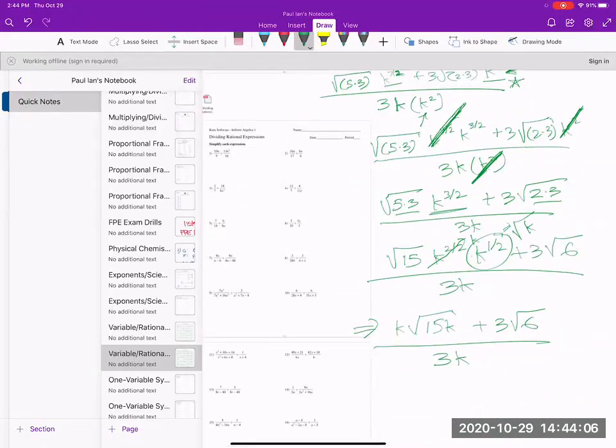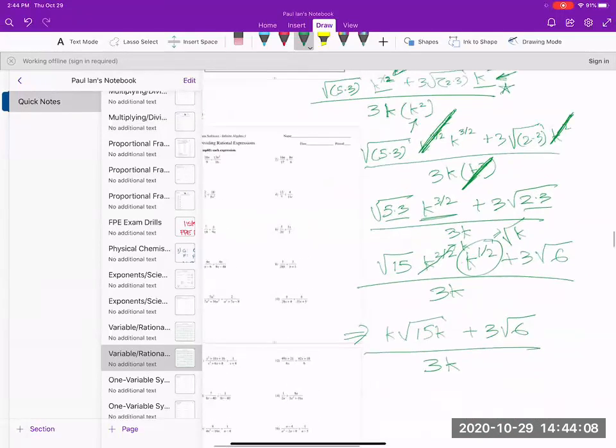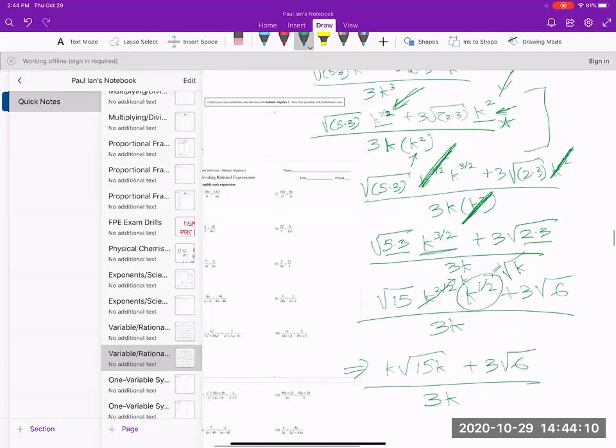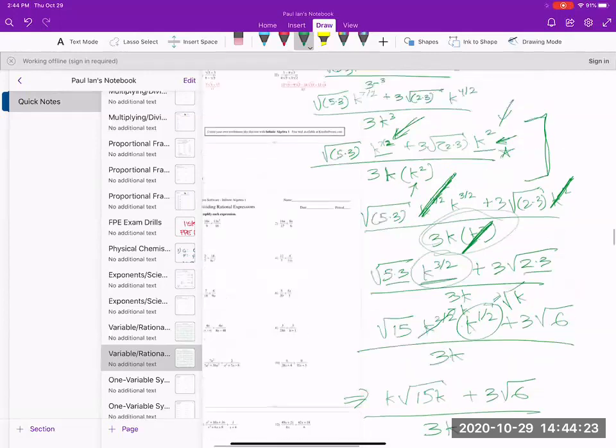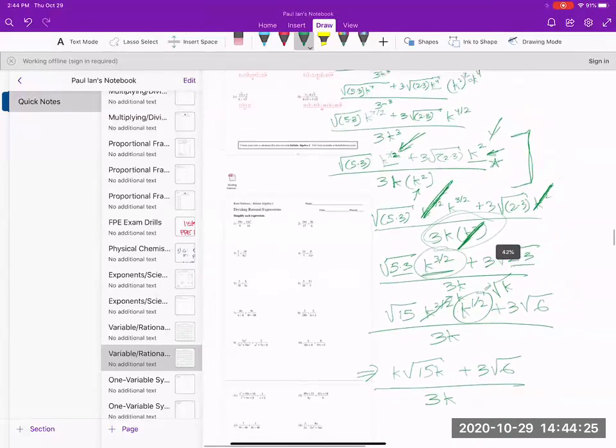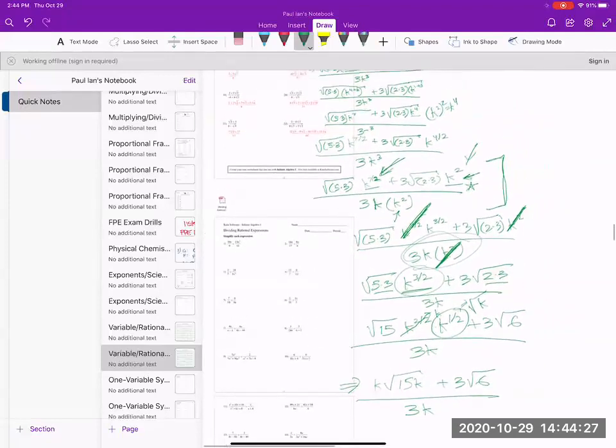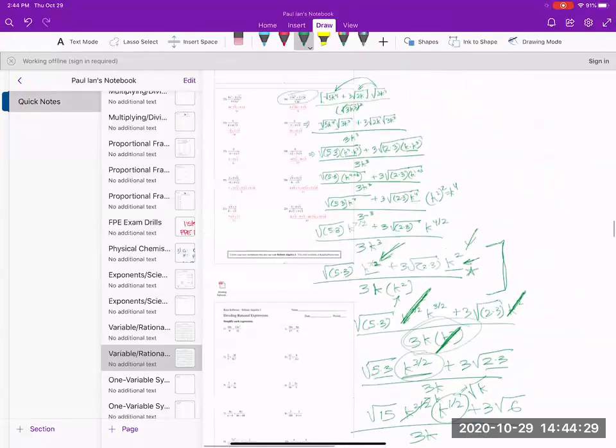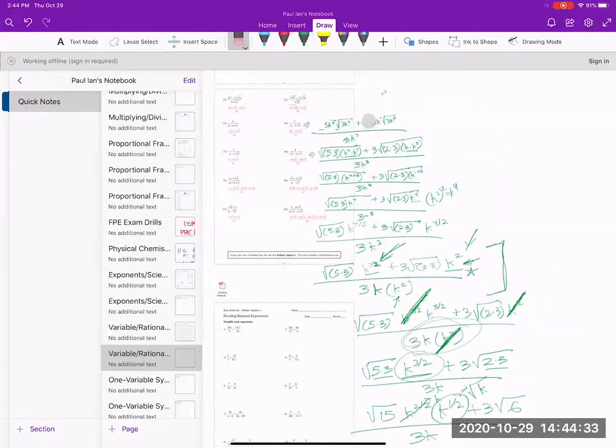The hardest part of this is figuring out this part, like why you need to split the bottom from k cubed to k times k squared. But that's what you have to do. Is that easy, or do you want to do more of that? I think it's kind of easy. Okay, so let's move on.